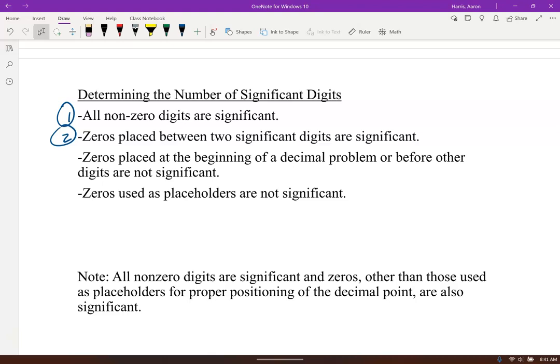Zeros placed at the beginning of a decimal number or before other digits are not significant. Call these leading zeros. Leading zeros are not significant. That's rule 3.